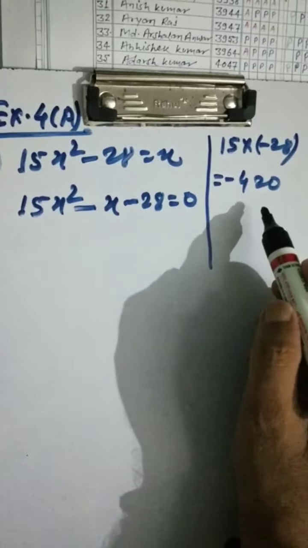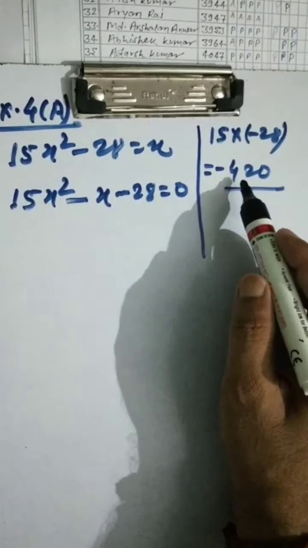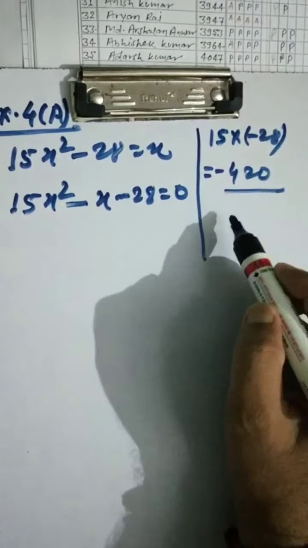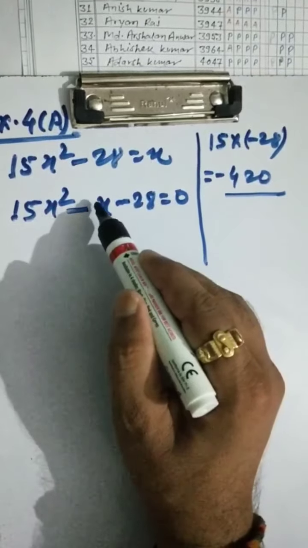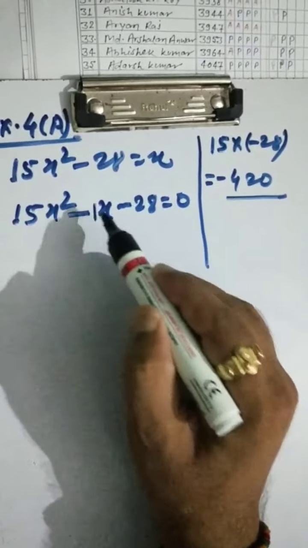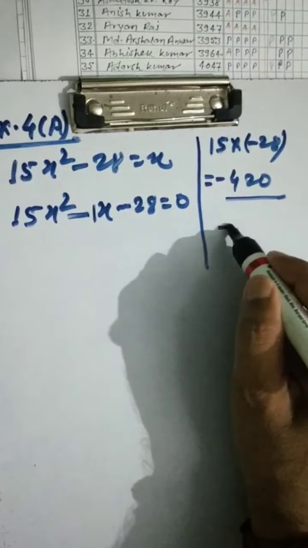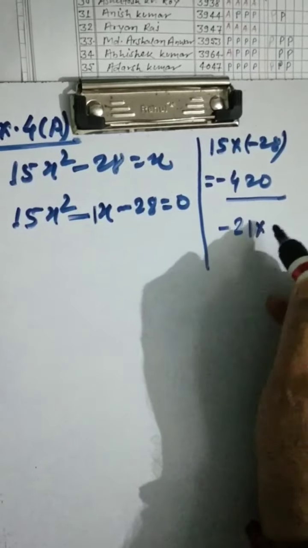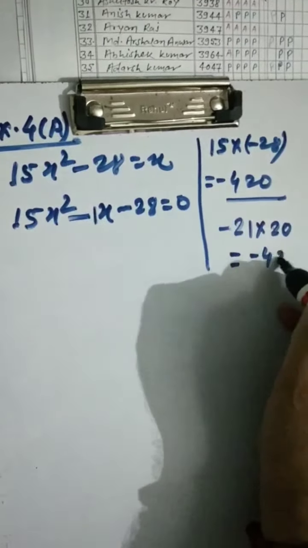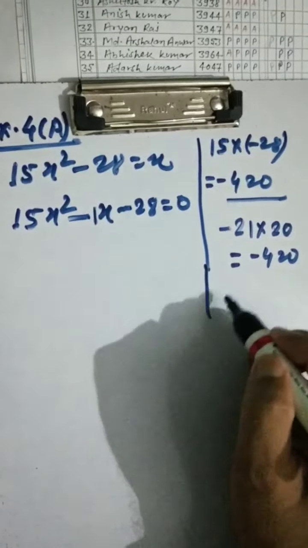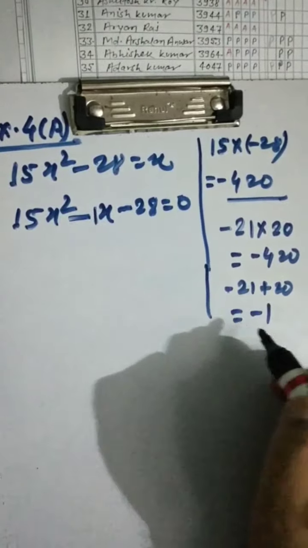And now we have to choose two factors of minus 420 such that their sum is equal to minus 1. Nothing is here, then minus 1 is the coefficient of x. So as we know that 21 multiplied by 20 will be equal to minus 420, and minus 21 plus 20 will be equal to minus 1.